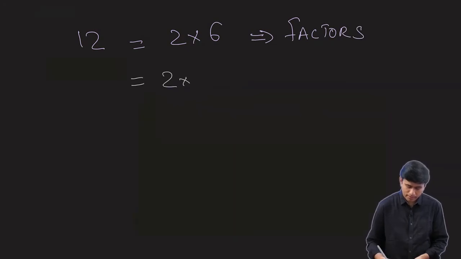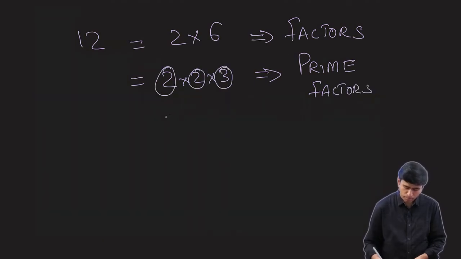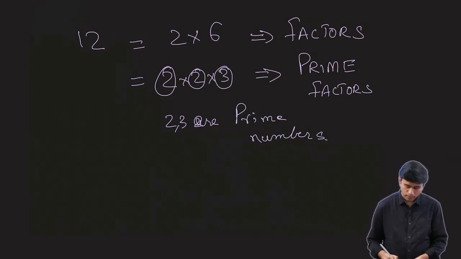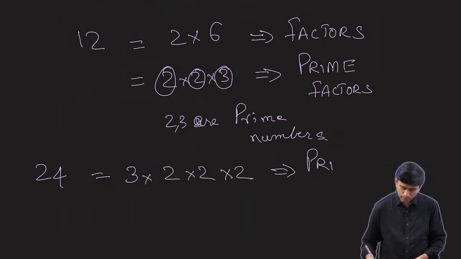But when you write it as 2 into 2 into 3, these are the prime factors, because it's a product of prime numbers. 2 and 3 are prime numbers. Let's take another example. 24 can be written as 3 into 2 into 2 into 2. You see, these are the prime factors of 24.